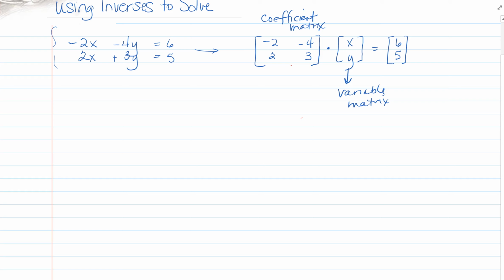Okay, so what I have to do is simply find the inverse of my coefficient matrix. Step 1, find the determinant. Step 2, do 1 over the determinant times that where I did the A, B, C, D. Remember that? And then I'll show you step 3.